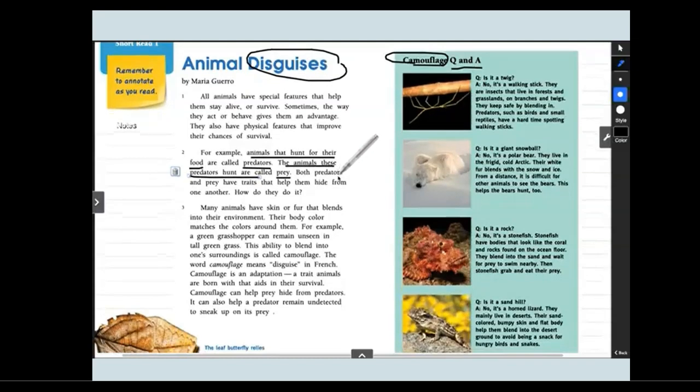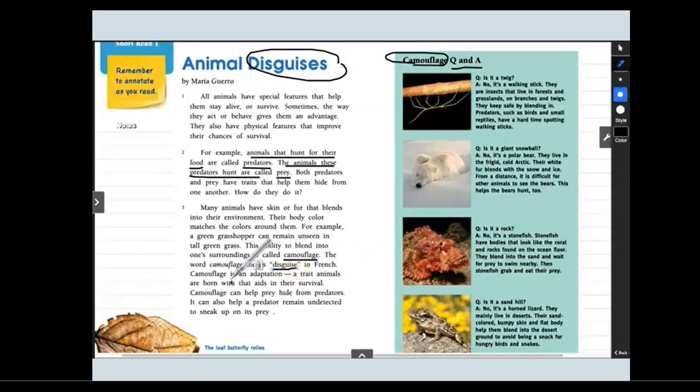I also know that camouflaging is an important detail of this text. Camouflage is in the fourth sentence of paragraph 3. Camouflage means to disguise. Okay, it's an adaptation.